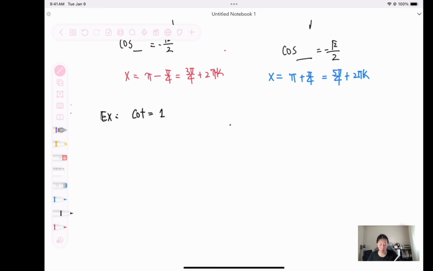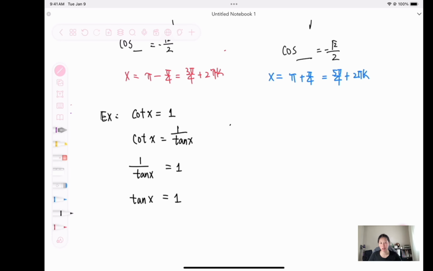Cotangent x equals 1. All right. Now, cotangent x equals what? 1 over tangent x. So that means 1 over tangent x equals 1. So what we're looking for is tangent x equals 1, right?